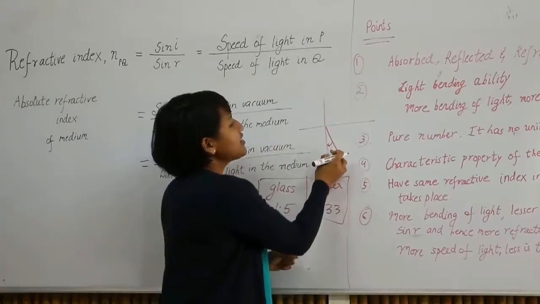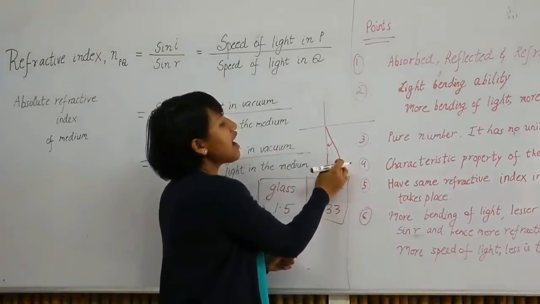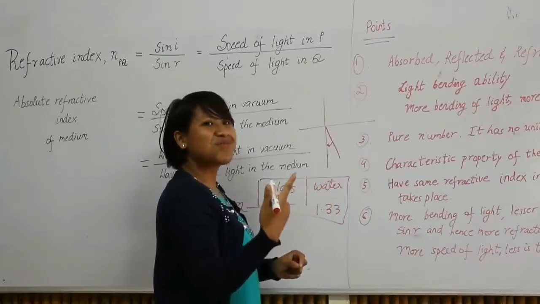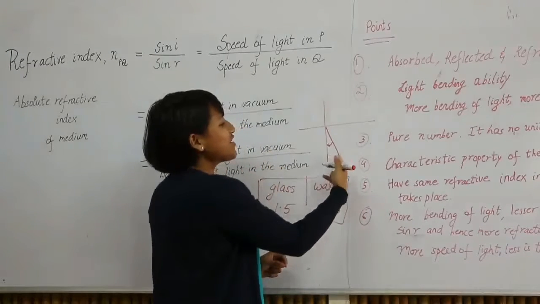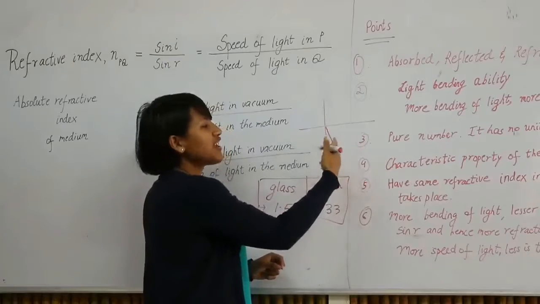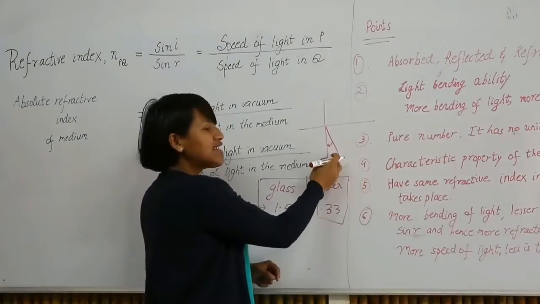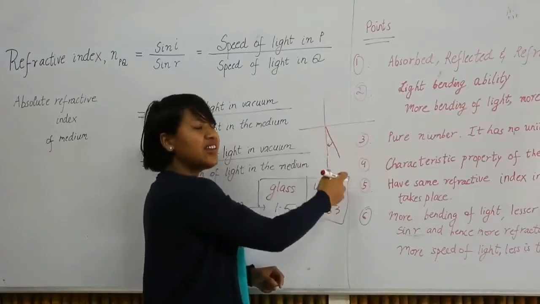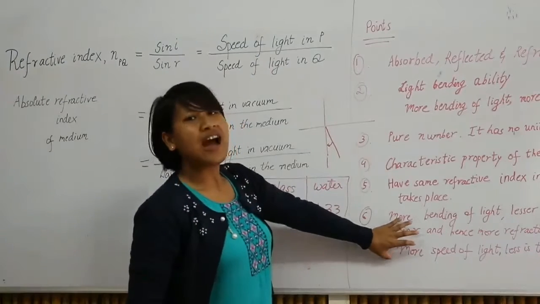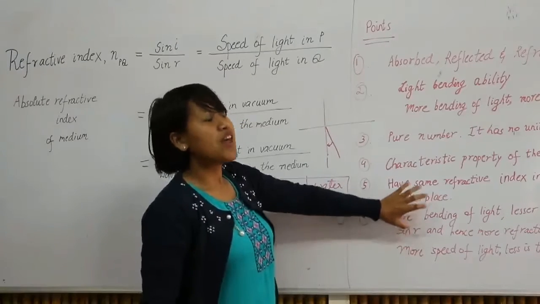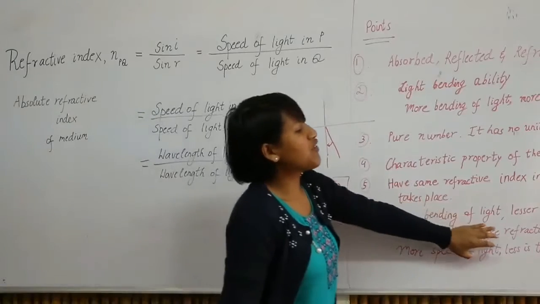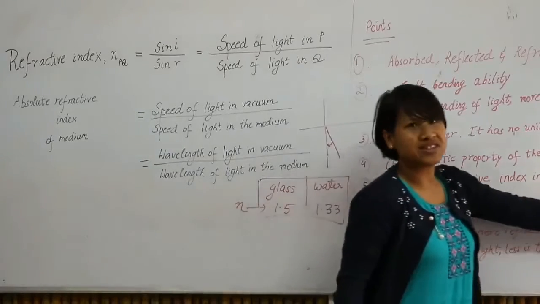Sine r, being a monotonic increasing function, will also be lesser. And then the refractive index will be higher. That's why more bending of light means more refractive index.